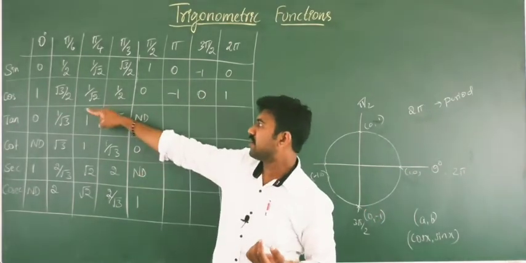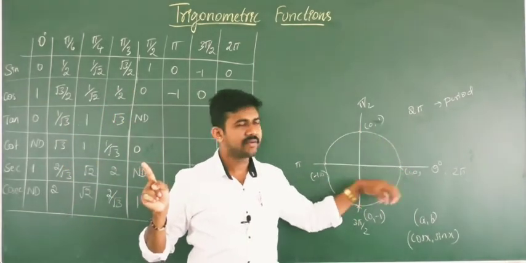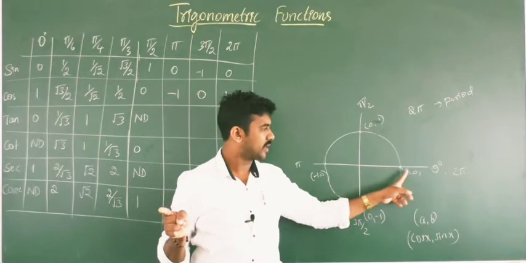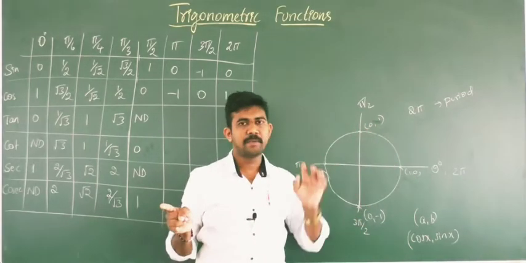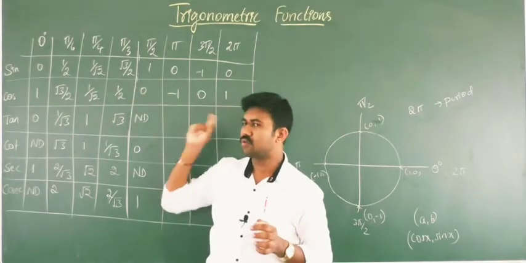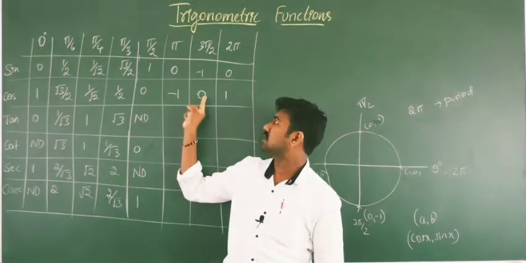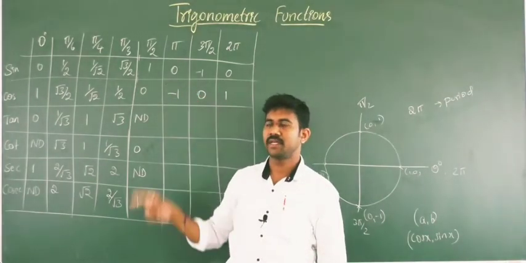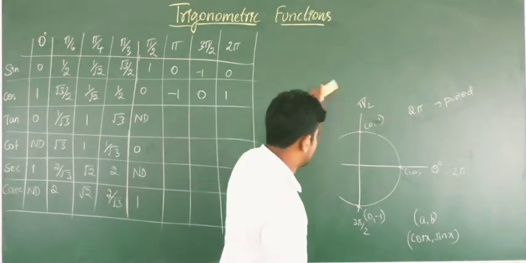Similarly for cos, you can write in radians or degrees: cos 0 is 1, cos pi by 2 is 0, cos pi is minus 1, cos 3 pi by 2 is 0, cos 2 pi is 1. This we saw in our last class.